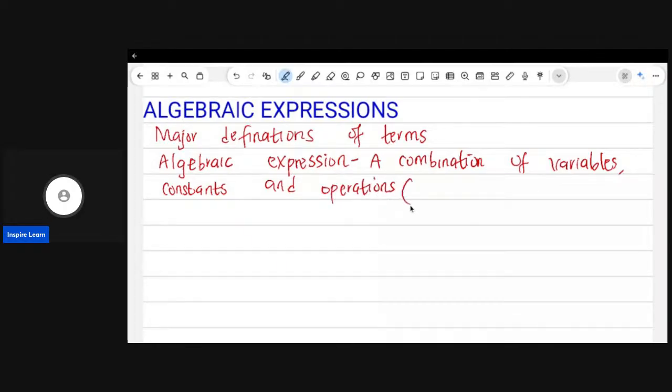When we talk about operations, we talk about addition, subtraction, multiplication, and division. So those are the operations that we're going to deal with.